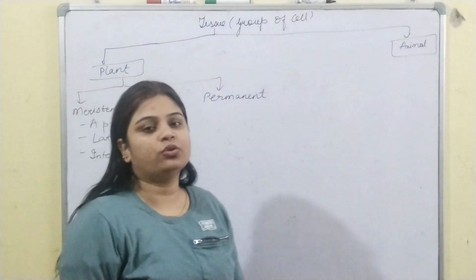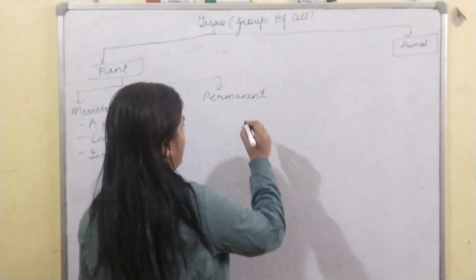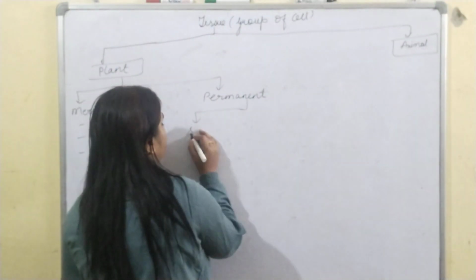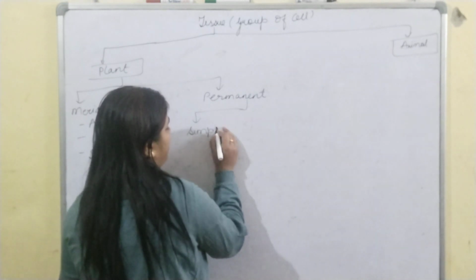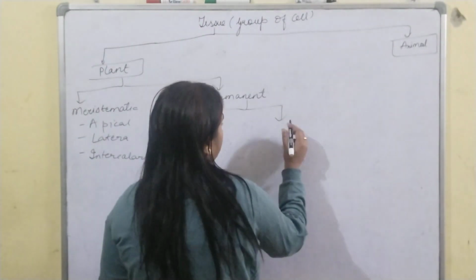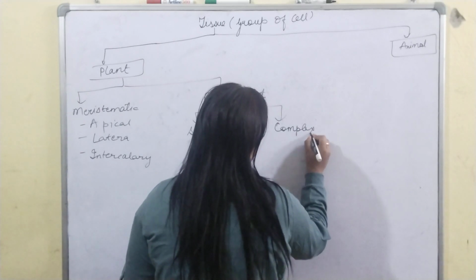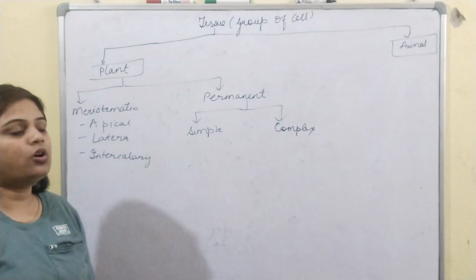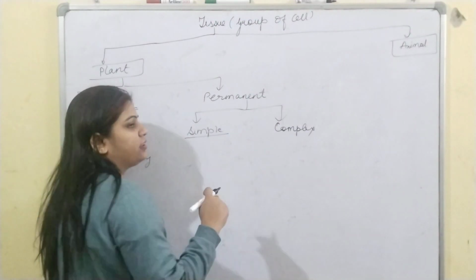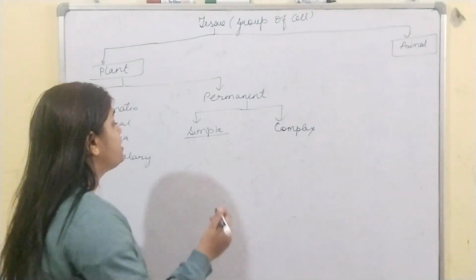Now permanent tissue is divided into two parts, that are simple permanent tissue and complex permanent tissue. I will be discussing why it is called simple.